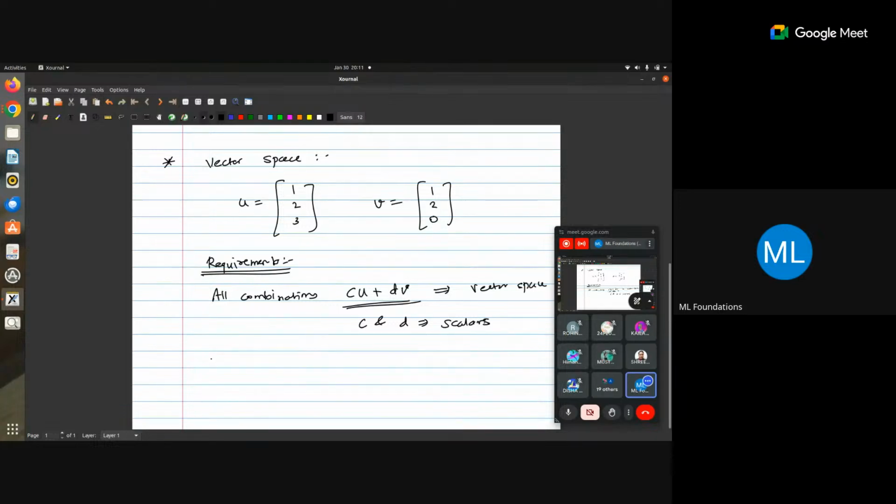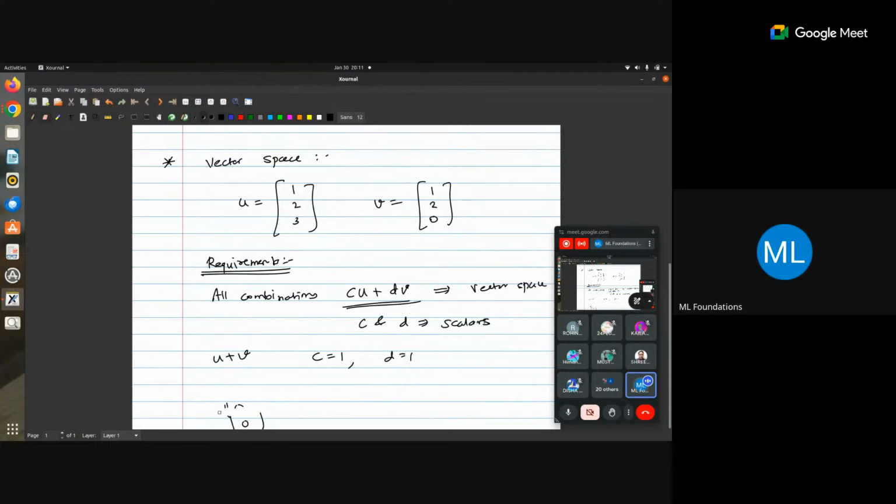If I change the values of c such that all finite values are taken, including 0, and similarly I take some values for d, and I multiply, then u plus v is a vector with c equal to 1 and d equal to 1, right? And is 0, 0 a vector, or in this case it will be three zeros, right?